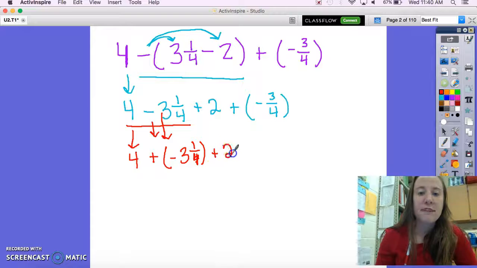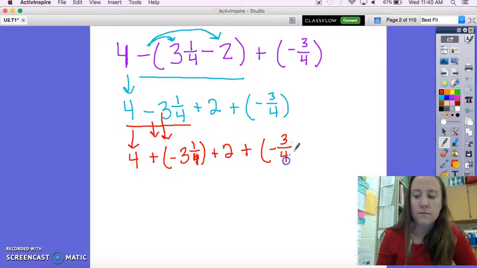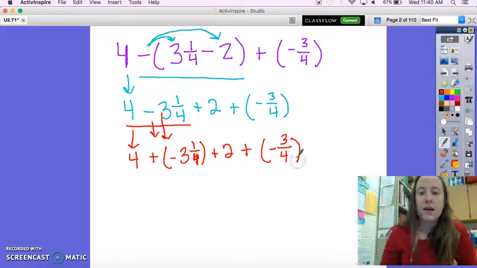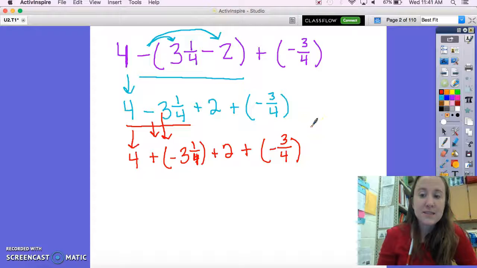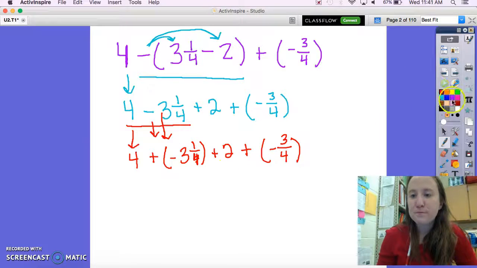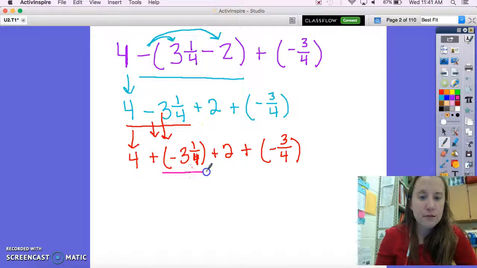I'm going to rewrite the rest of my expression. And what I'm going to do next, you might choose to not do, and that's fine, but it's the strategy that we just learned yesterday, decomposing a mixed number. So the mixed number that I want to break into its whole number and fractional part is negative 3 1/4. This 4 is still the same.